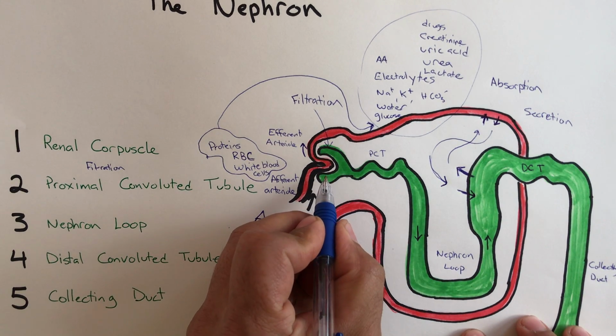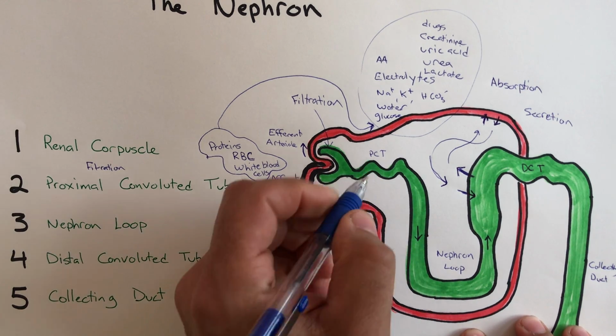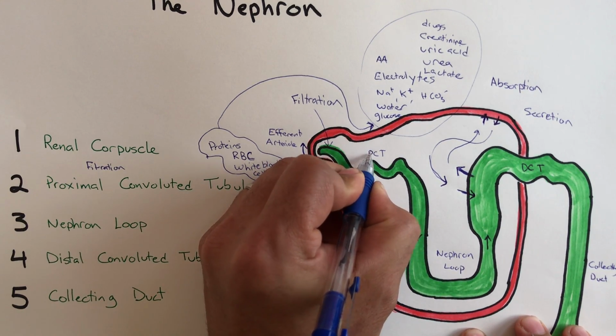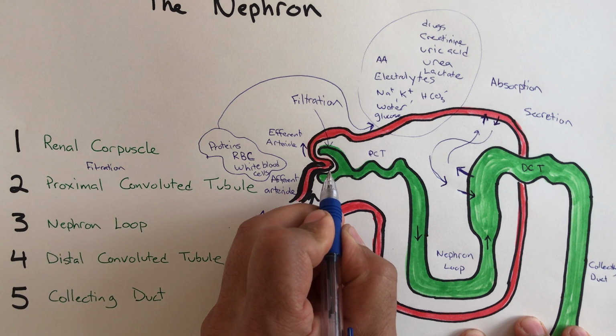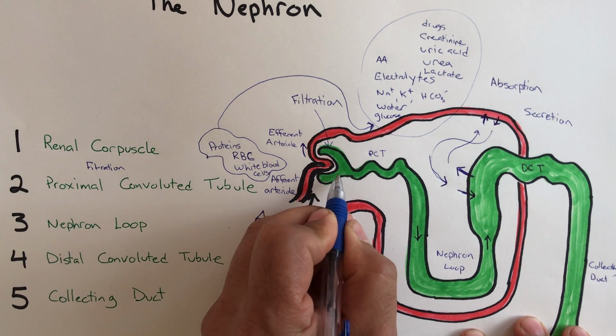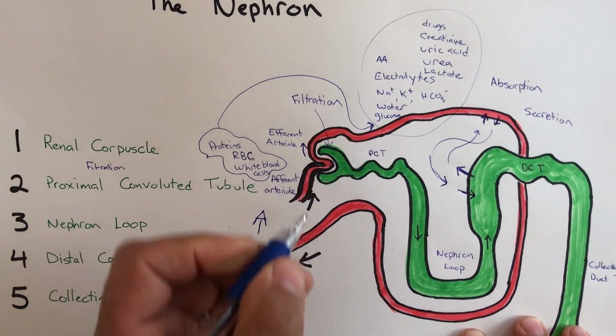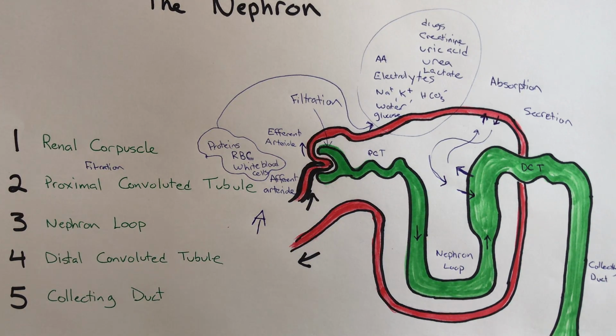And these are the things that enter the tube. Specifically, from the renal corpuscle into the proximal convoluted tubule. Once it enters, we call that filtrate. The fluid, we call that filtrate.